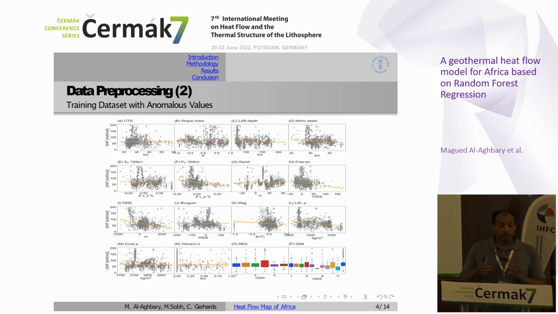The second thing, after getting the data, we have to pre-process it, because in its current state, it's not that useful to us. We removed anomalous data, also known as outliers, so that they don't disturb our model.